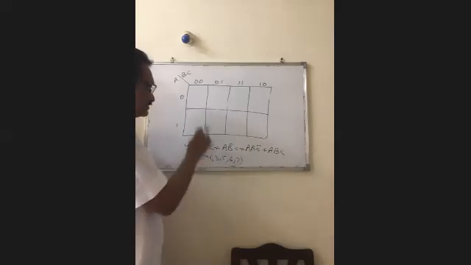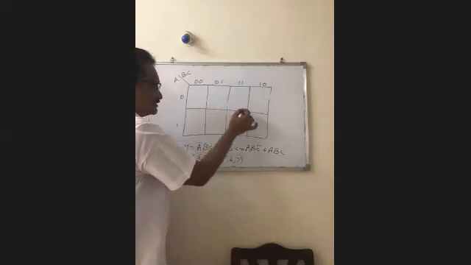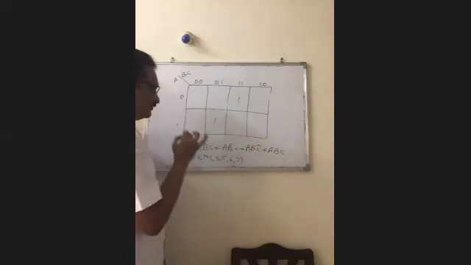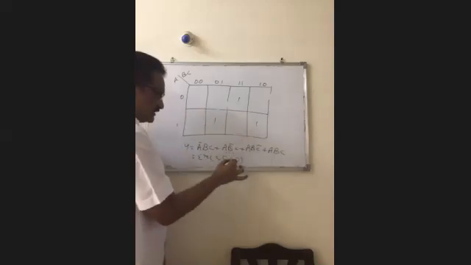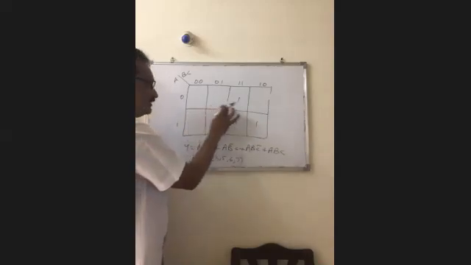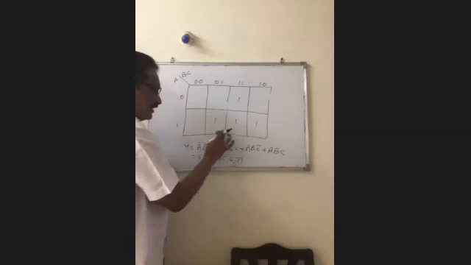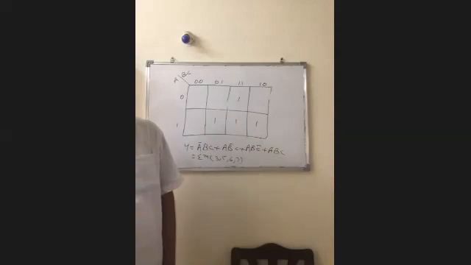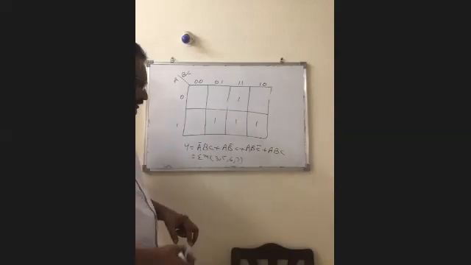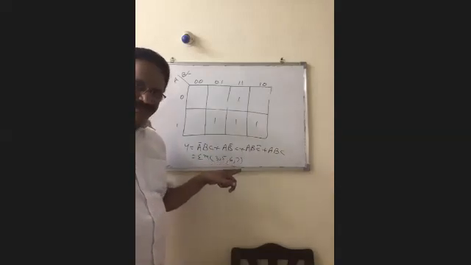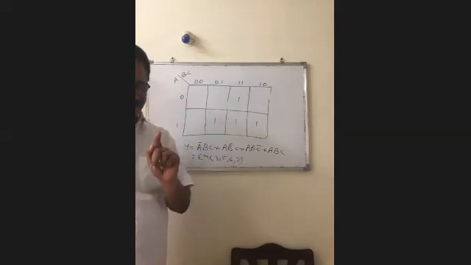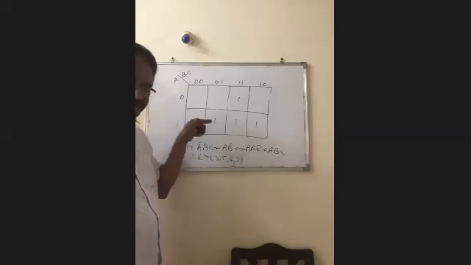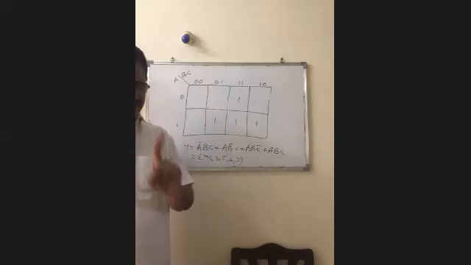So this is 3, 5, 6, 7. In the case of min terms, we have to enter ones in the corresponding cells of the K-map. That is the first step.